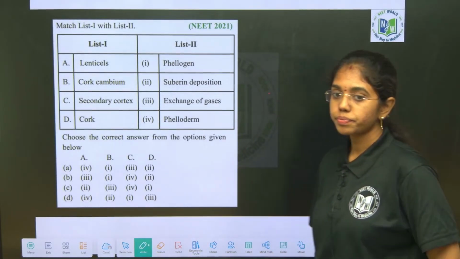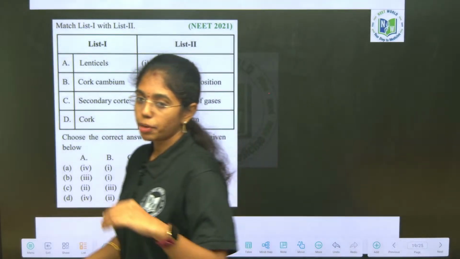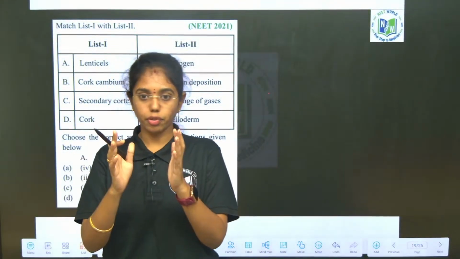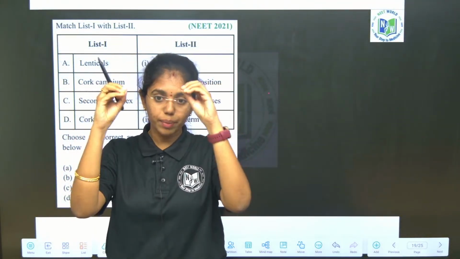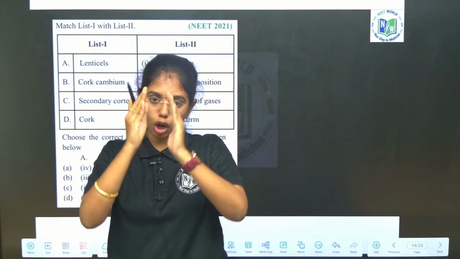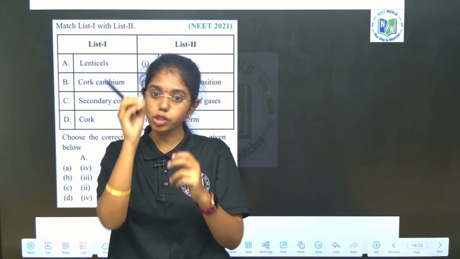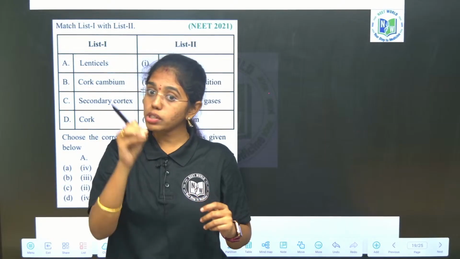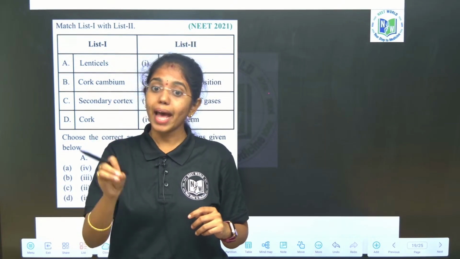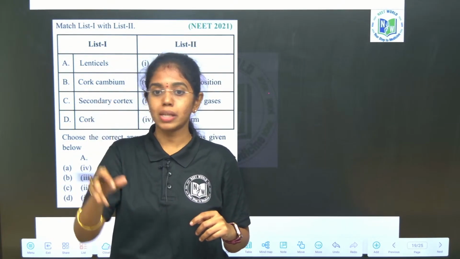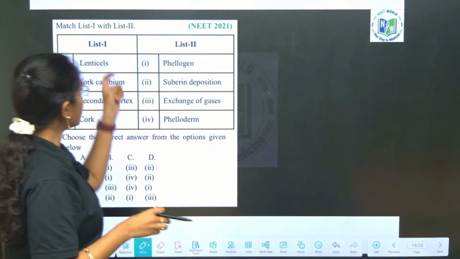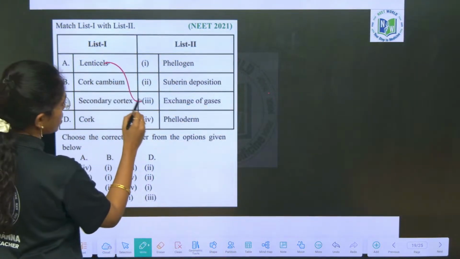Lenticels, exchange of gases. Because of secondary growth, cork cells are formed. The epidermal cells will be ruptured, and cork cells will move onto the epidermis. Small pores are created, called lenticels. They act as breathing pores of the stem. So lenticels are for exchange of gases.